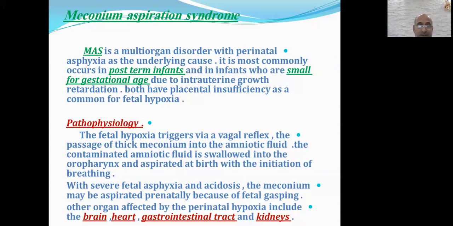The anal sphincter of the fetus should be kept tight all the time. But when the fetus is exposed to unfavorable conditions with acidosis, the anal sphincter relaxes and meconium passes to the amniotic fluid.